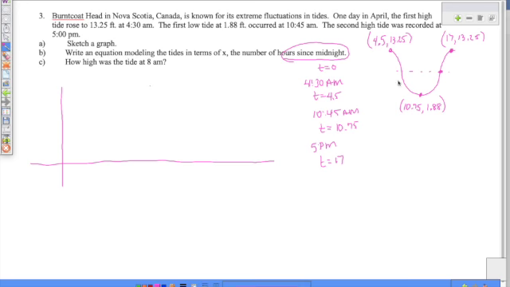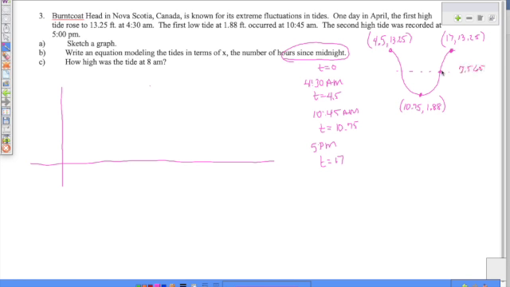I've got to find the time that's in between and the height that's in between. So I just want to find the average of these things. If I add these up and divide by 2, let's see here. I don't even really need to do all that, but what I do need is the midline. I'm going to avoid using too many decimals here. So I'm just going to find the midline, which is 7.565.